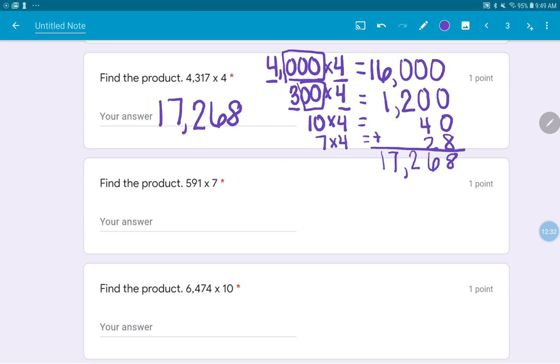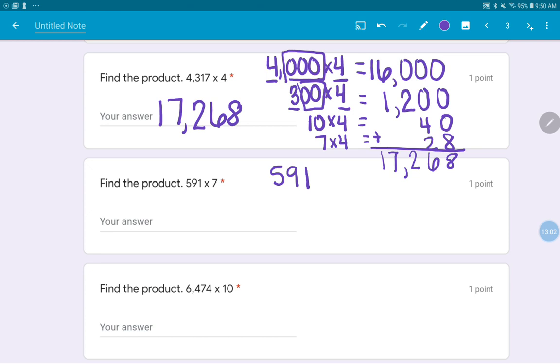All right, Jaden, how did you do 591 times 7? See, my mom taught me how to do this, but you need a piece of paper for it. What you do is you put 591 down, and then you put times, and then you put 7, and then you do 7 times 1. Where do I put the 7? Like, you put the 7 right next to the times, and then you have your lines right under your first ones.